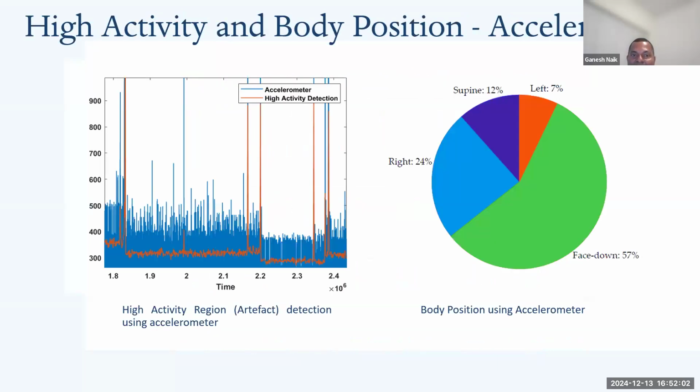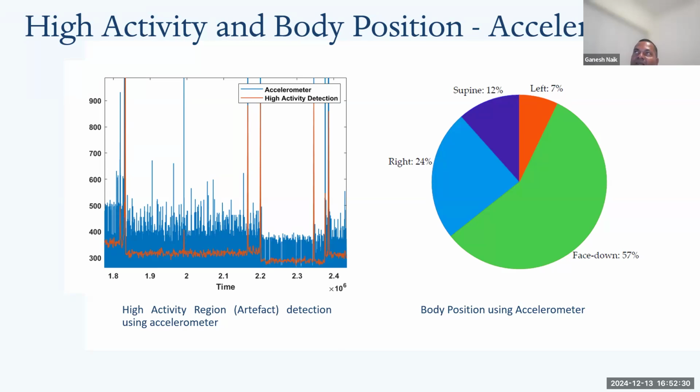Okay. Also, for body position, we use the accelerometer to see how people sleep, whether they sleep supine, in the right position or the left position, or face down, because this was very important. Since the accelerometer was embedded, we developed algorithms based on it to detect body position.